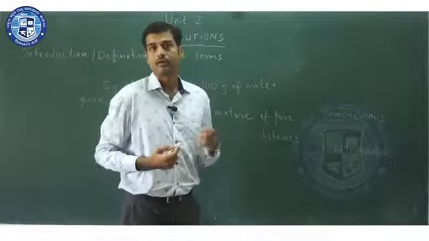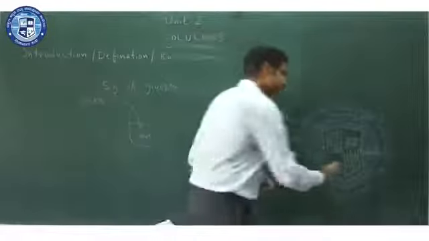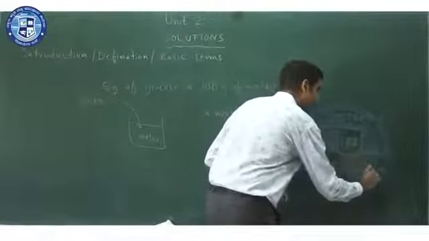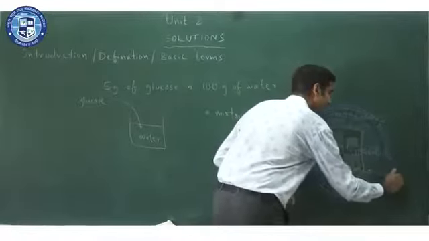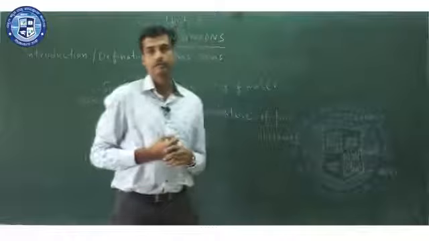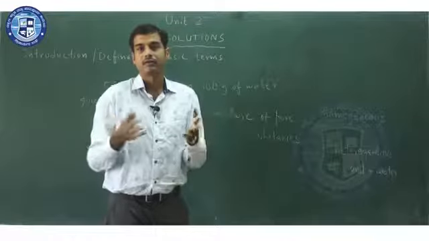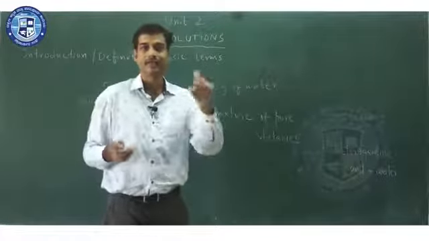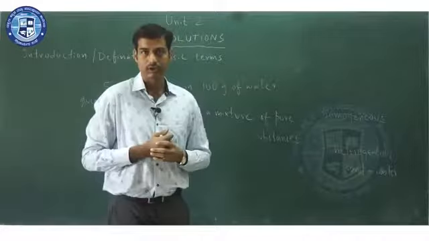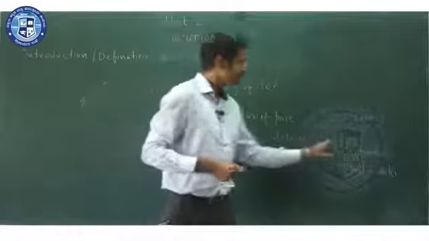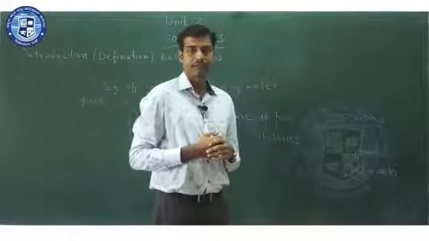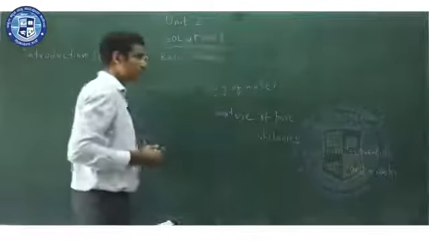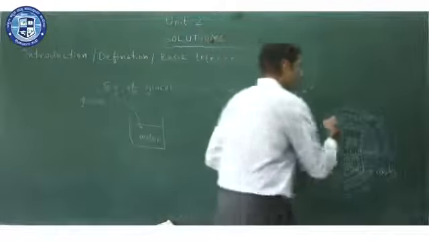I mix sand and water, sand plus water. The resulting mixture will be formed in two phases. I'll have a separate layer of sand, I'll have a separate layer of water, and therefore this mixture is a heterogeneous mixture. But then a mixture of glucose and water is homogeneous.